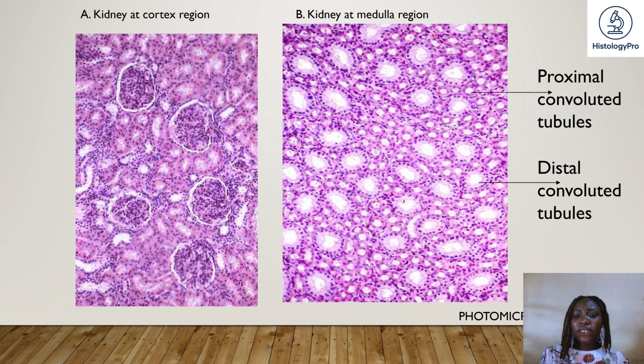Functionally, this epithelium plays a crucial role in urine formation, electrolyte balance, and homeostasis. Damage to these cells can impair renal function, highlighting their clinical importance.